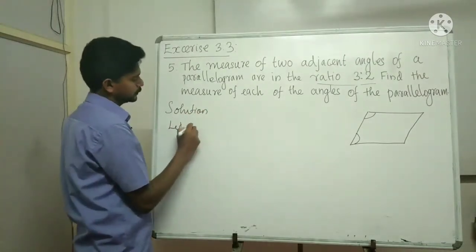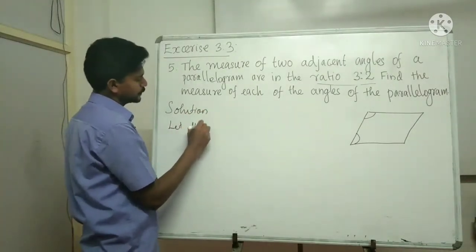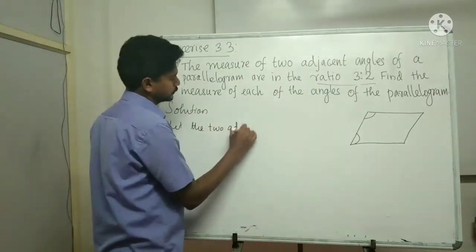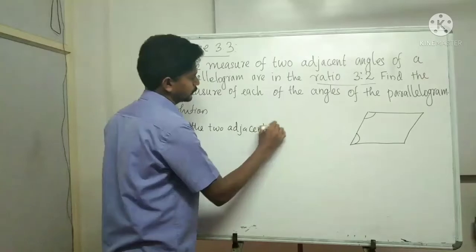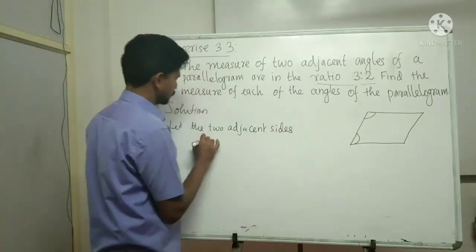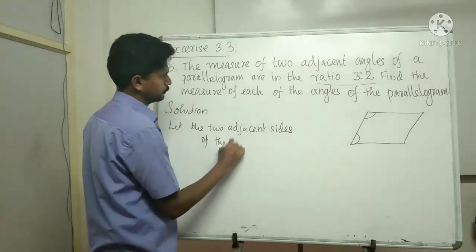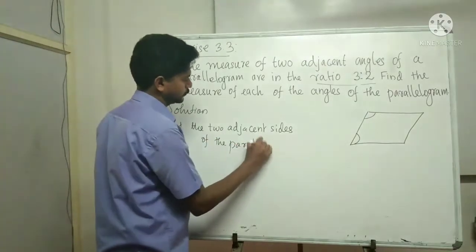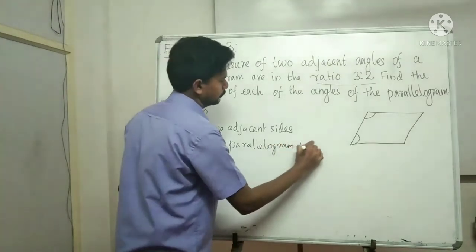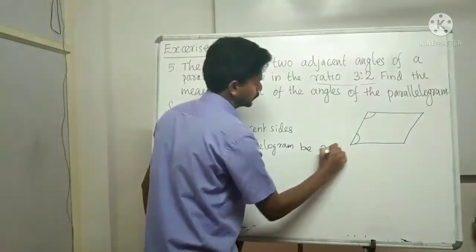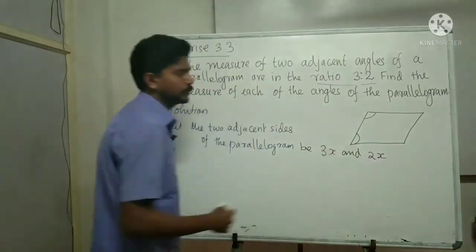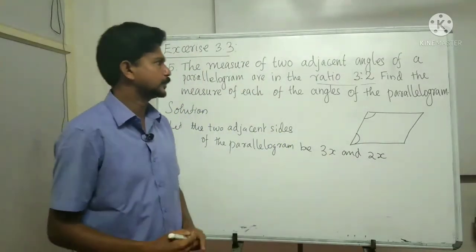So let the two adjacent angles of the parallelogram be 3x and 2x. This is the way we have to take it.